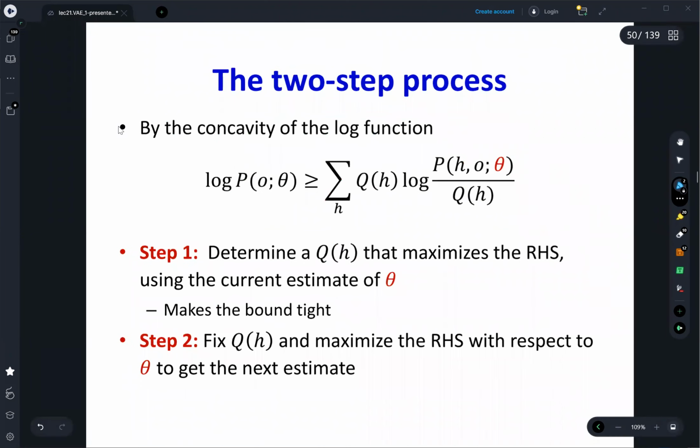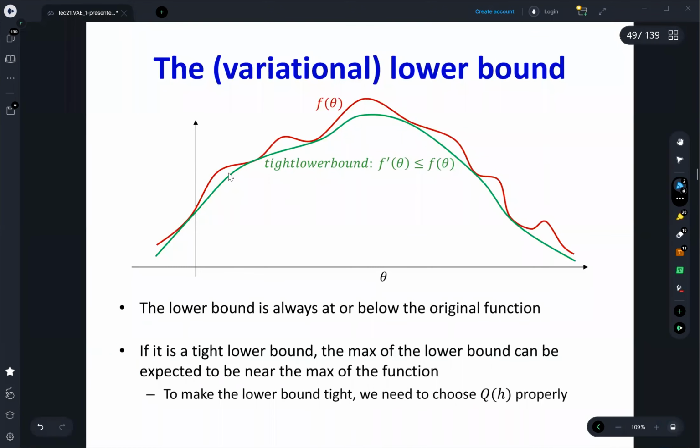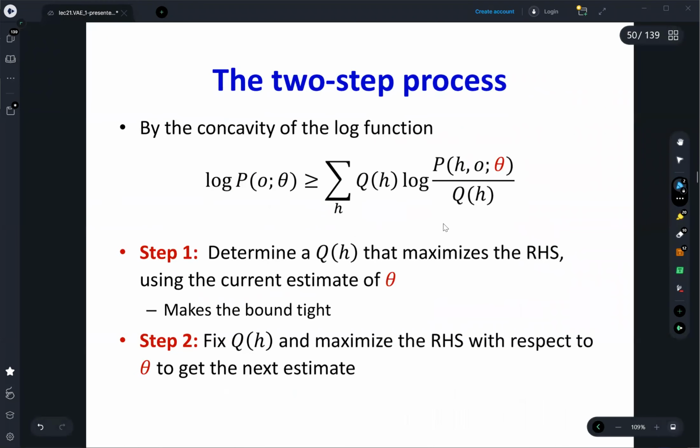And so here's what we are going to do. The tighter this lower bound is, the more likely it is that if you maximize the lower bound, the original function is also maximized. So we're going to try to make this lower bound as tight as possible. And so what we will do is to have a two-step process. In the first step, we're going to choose our Q of H such that this term to the right is maximized. We know that the term to the right is never going to exceed log P of O, regardless of what you choose Q of H as. But I'm specifically going to choose Q of H such that this term to the right is maximized.